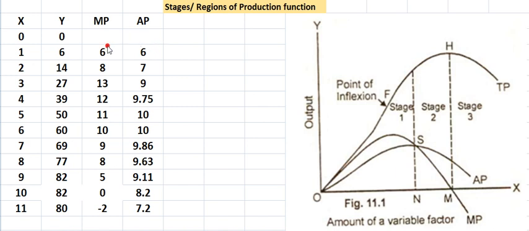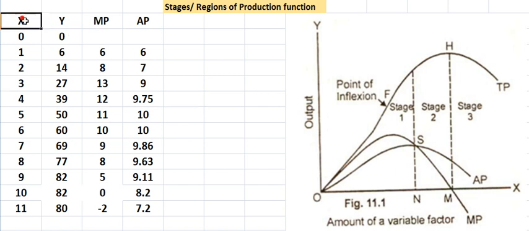Then we have a hypothetical example to explain stages or the regions of production function. We have values of X, or we can say input levels, and values of output, or we can say levels of output. Then by using these input levels and output levels, we have to estimate marginal product and average product in order to draw the marginal product curve and average product curve in a diagram.